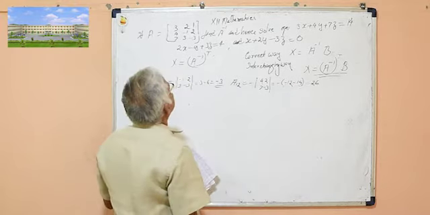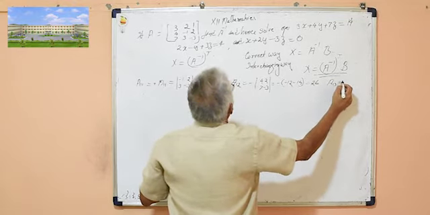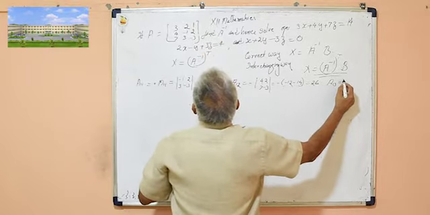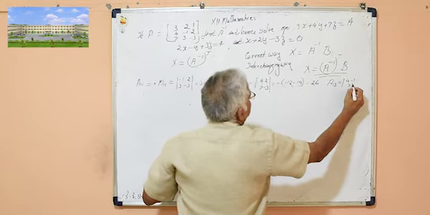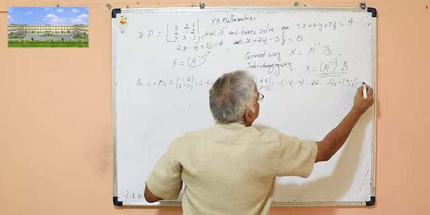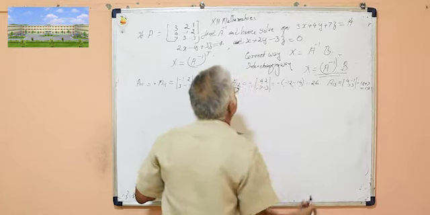Again, cofactor A13 is equal to deleting the first row and third column, 12 and 4, minus 1, 7, 3, 12 minus into minus plus 7, which is equal to 19.